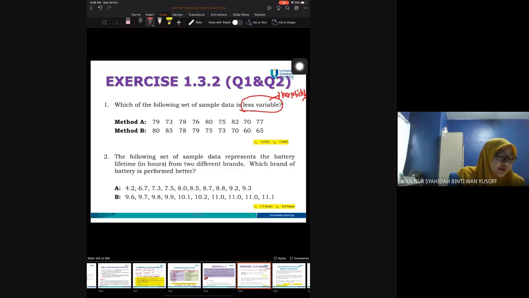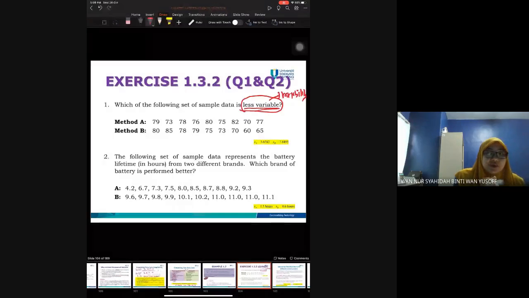You have to understand why we calculate variability here, because of the keyword less variable. We cannot calculate mean or median, the measures of central tendency, to discuss variability.